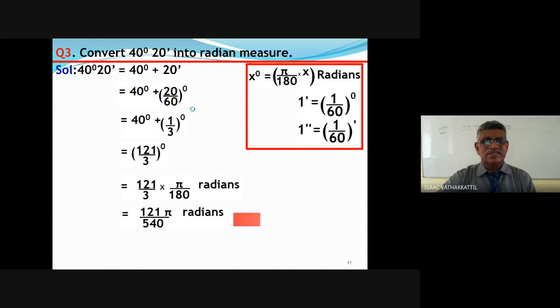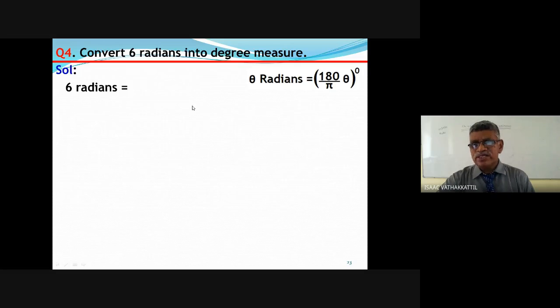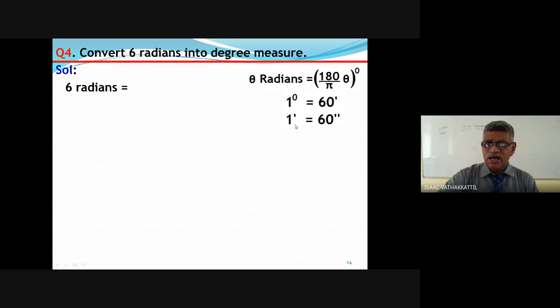Now the converse: convert 6 radians into degree measure. Remember, conversion from radian to degree: theta radians is 180 by pi into theta degrees. Further, 1 degree is 60 minutes and 1 minute is 60 seconds.